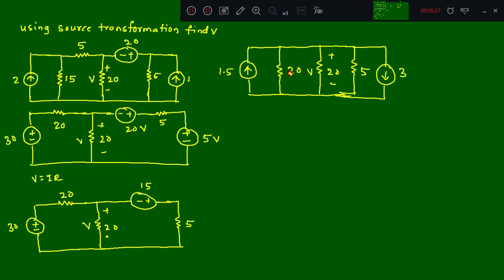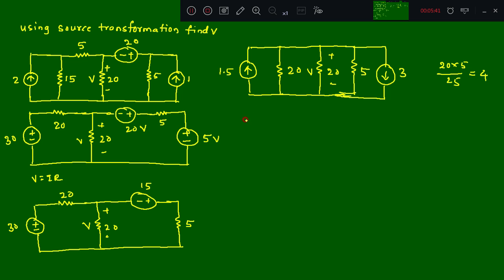Similarly, this 20 ohm and 5 ohm are connected in parallel. Its equivalent will be 20 into 5 divided by 25, which results in 4. Right. These two current sources are connected in parallel, but see the direction. The maximum value is here, 3, which is in the downward direction. Therefore 3 minus 1.5 will be 1.5, which is in the downward direction.